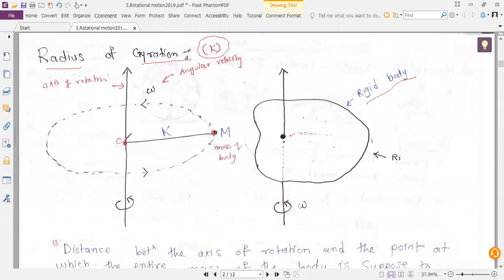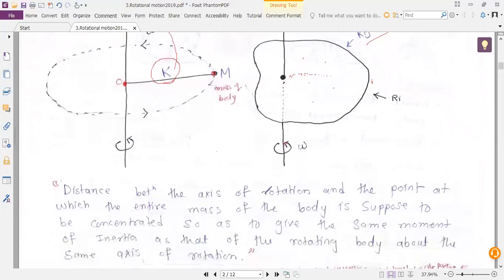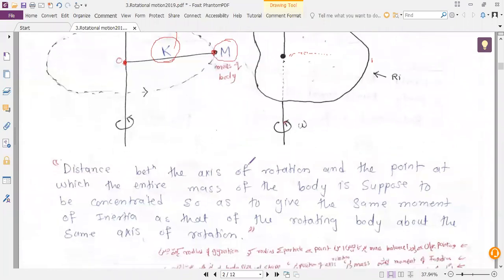So the distance from the axis of rotation point O to point M is represented by K, and this distance is called the radius of gyration. Now the definition: the distance from the axis of rotation at which the whole body mass is considered concentrated is called the radius of gyration.